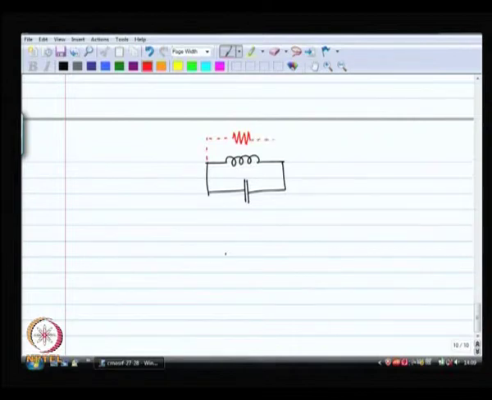So, this is unintentional, this resistor that I have drawn is unintentional, that is why I have put the dashed line over there. It just so happens that it is there. Now, what do we do? Our plan is to put a minus R in shunt with the whole thing, right, and hopefully this is going to work.